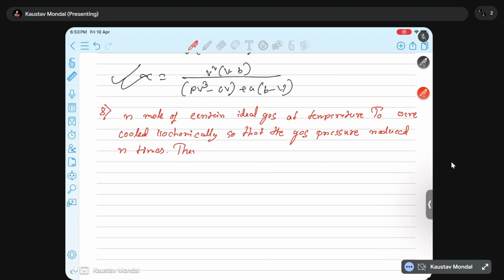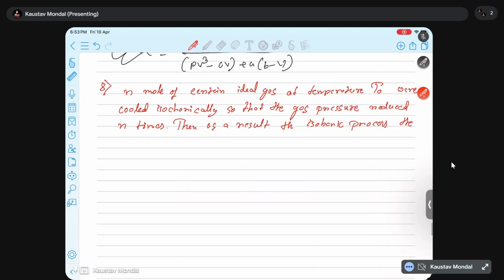Then, as a result of an isobaric process, the gas expanded till its temperature got back to the initial value.